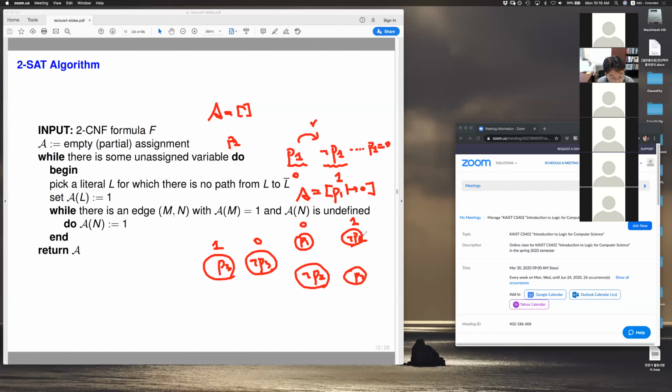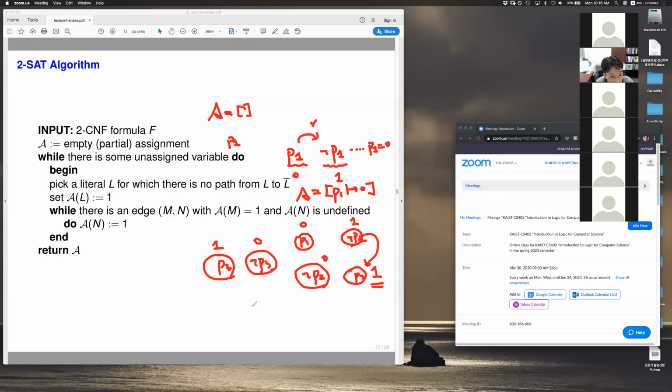Suppose we have an edge that goes from 1 to something which doesn't have any value. That something will now get assigned 1. If we assign P2 the value 1, then its dual, negation of P2, will get assigned 0, and so on.